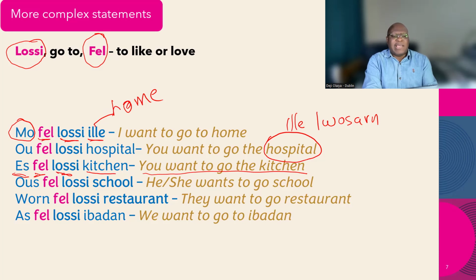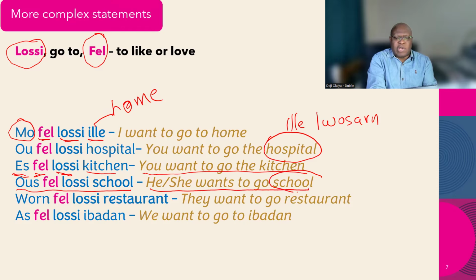Now, if you want to say that he or she wants to go to school, use that word ó, the person, ó fẹ́ lọ sí school. He or she wants to go to school.